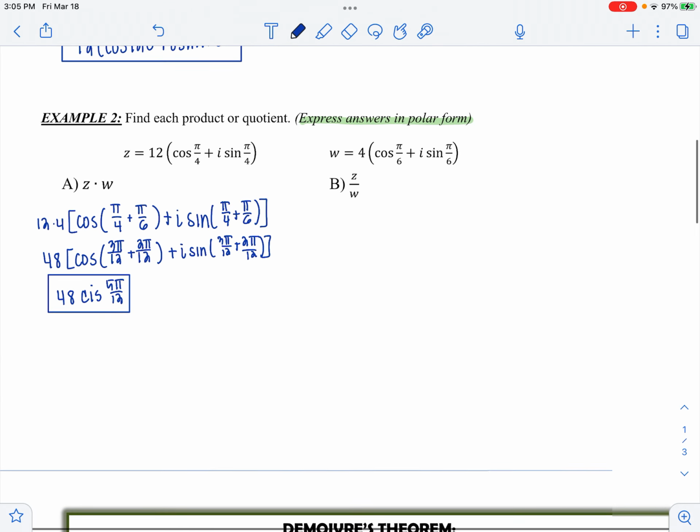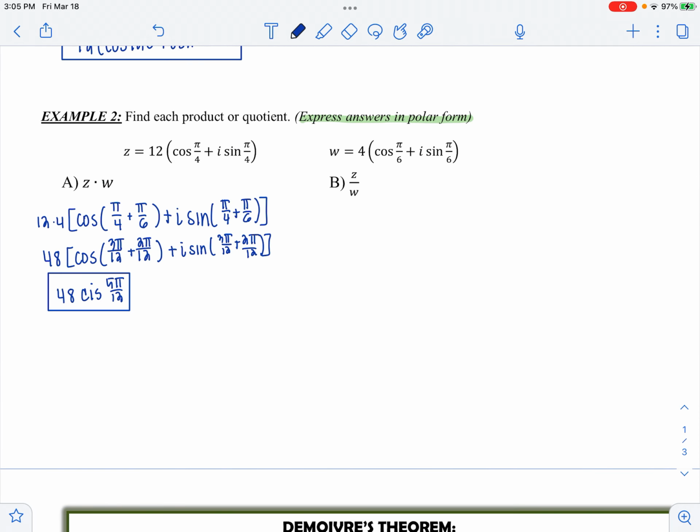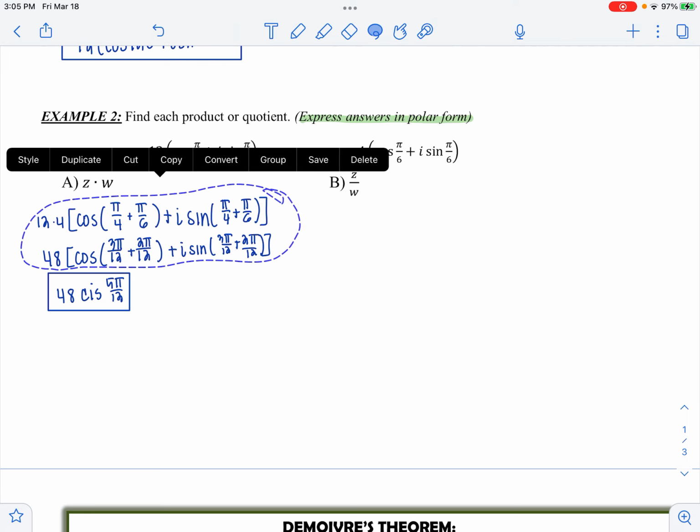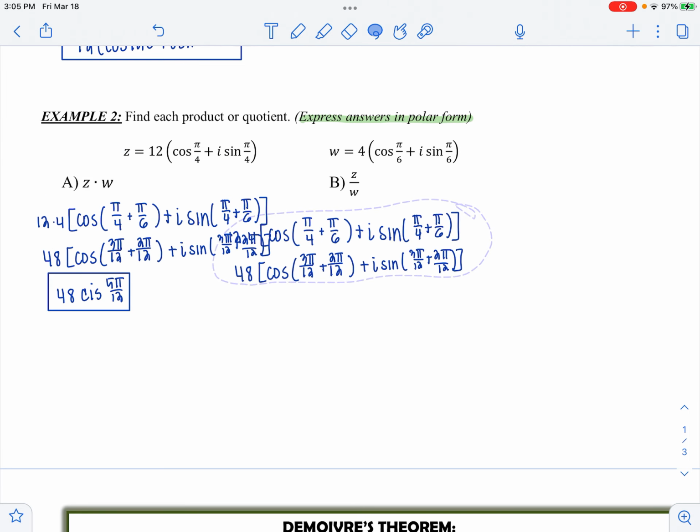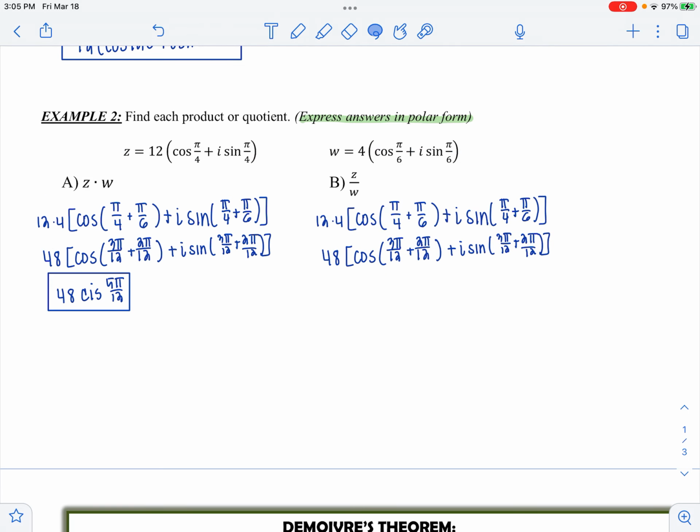All right, now we are going to divide those two polar numbers. This work is almost exactly like the work for multiplication, but there are some changes. Instead of multiplying my two values, I'm going to divide them: the first r value divided by the second r value.